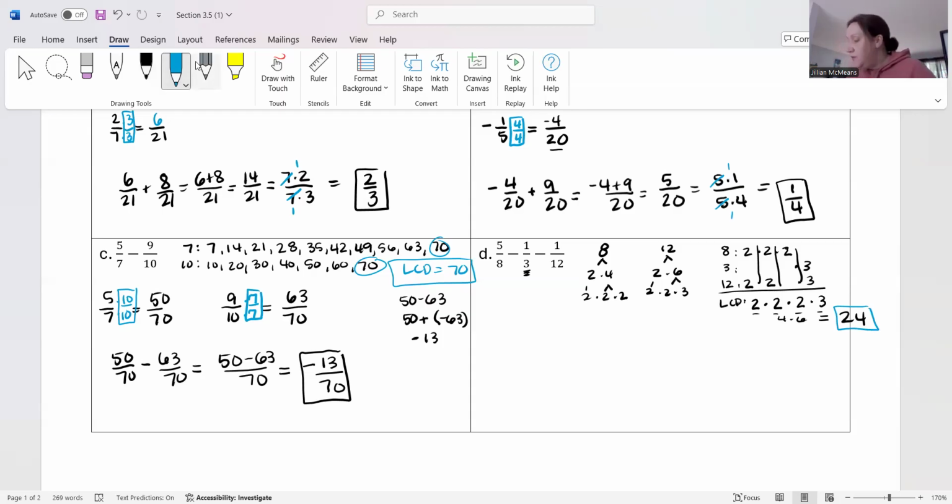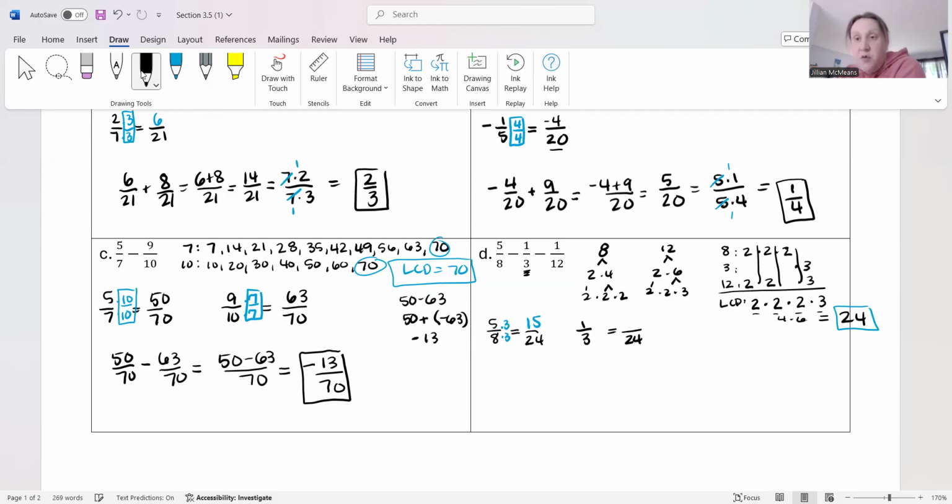So let's find our equivalent forms. So let's start with 5/8. So we know we want to rewrite 5/8 as something out of 24. So we ask ourselves, what would we multiply 8 by to get 24? Well, we would multiply by 3. So top and bottom by 3 gives me 15 24ths. Next, I have 1/3.